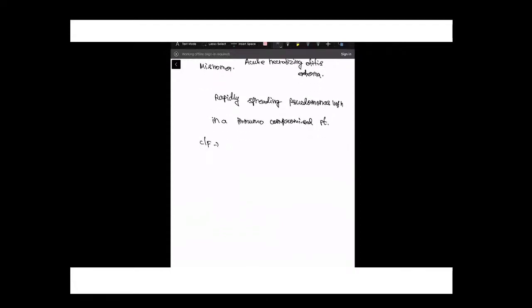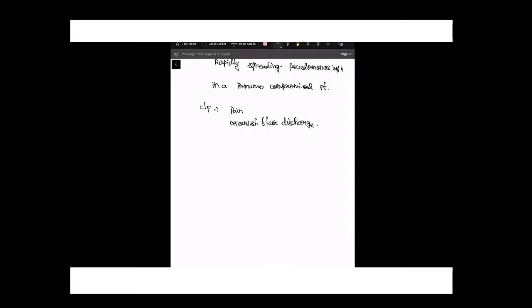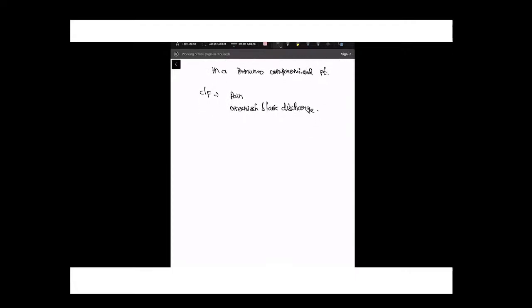Clinical features are going to be pain, greenish black discharge, lateral skull base osteomyelitis.